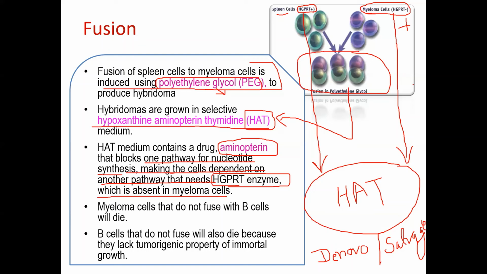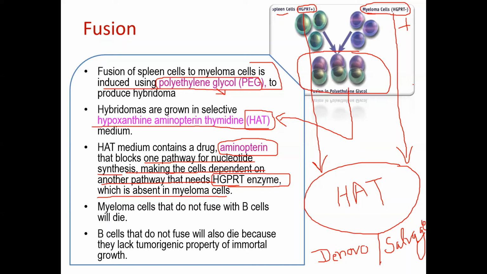Independently, they don't have any capacity to grow because they don't have the HGPRT gene, and the second pathway is blocked because the HAT medium has aminopterin. So basically, a myeloma cell has no way to survive unless it is fused with an HGPRT-positive cell.